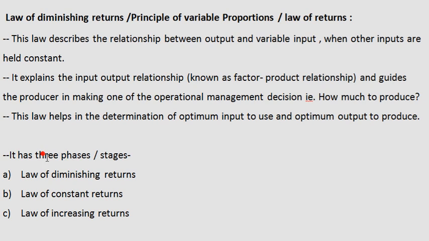As I said earlier, this law has three stages: law of diminishing returns, law of constant returns and law of increasing returns. This means the law is concerned with the factor-product relationship or input-output relationship.